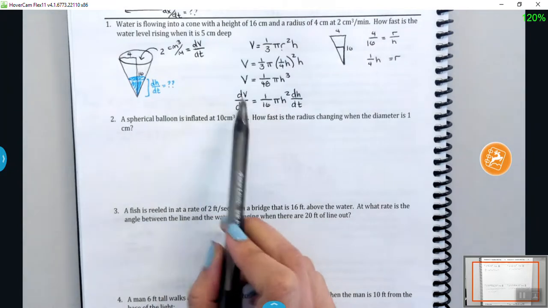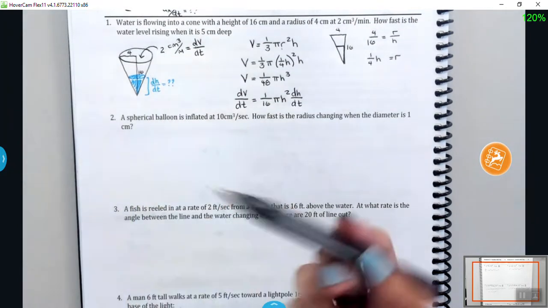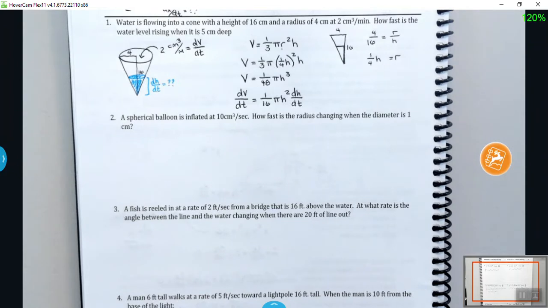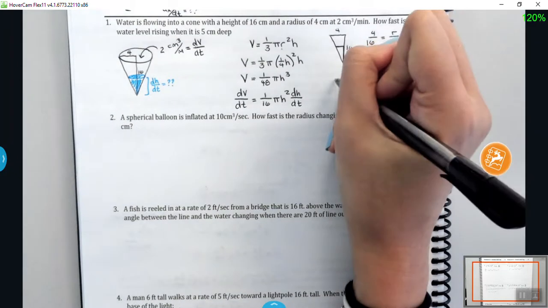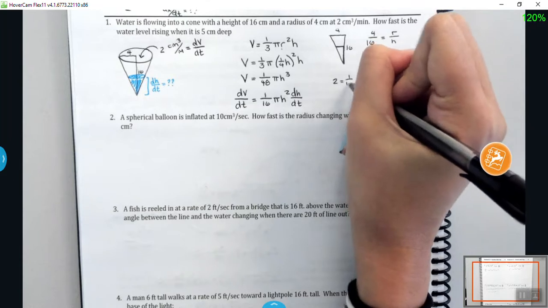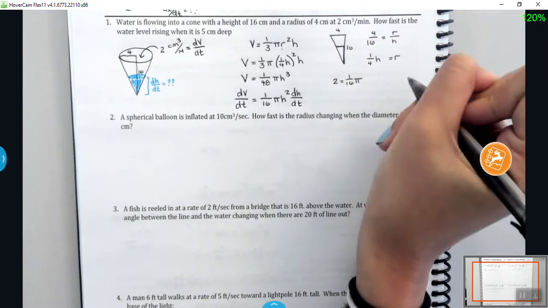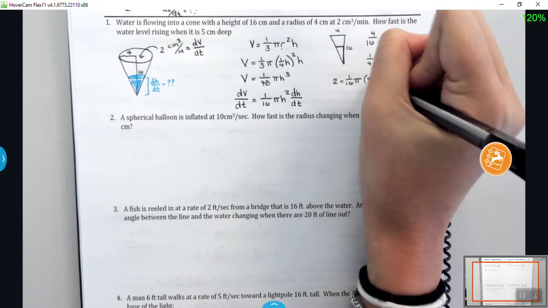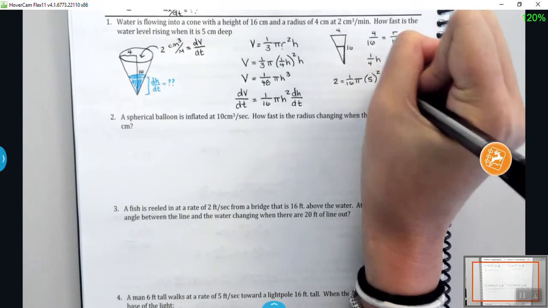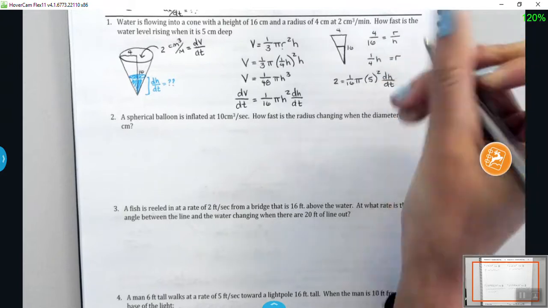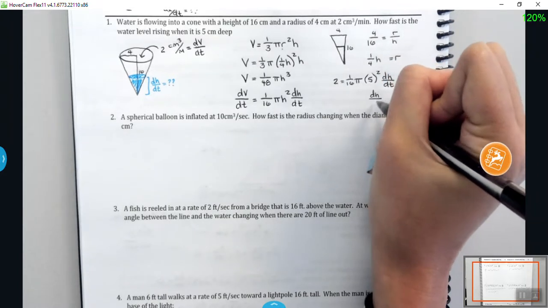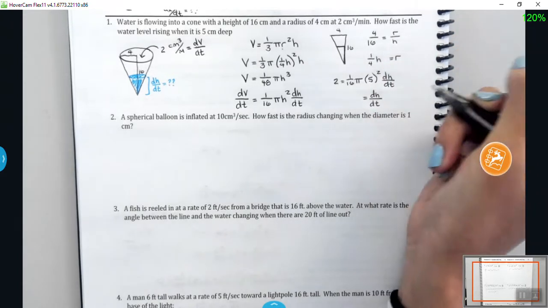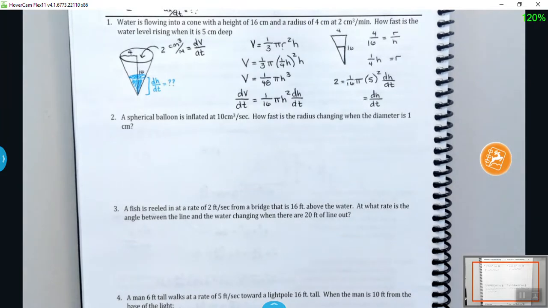Okay, so we plug in +2 because water's flowing in, so V is growing. So 2 equals 1/16 pi, we wanted to know when it's 5 centimeters deep, so pi times 5 squared. So dH/dt is 2 times 16 divided by 25 pi.